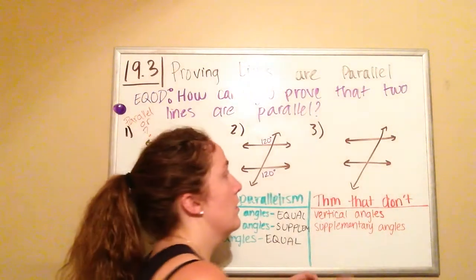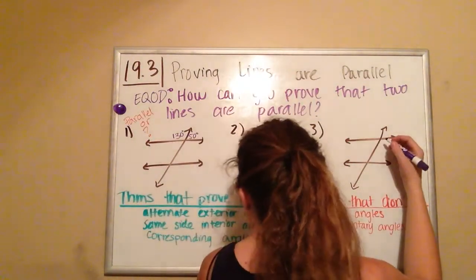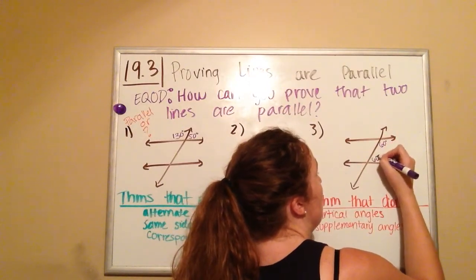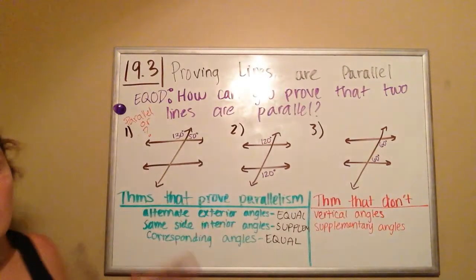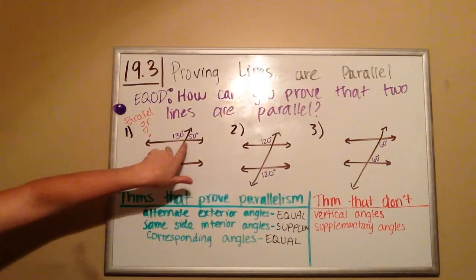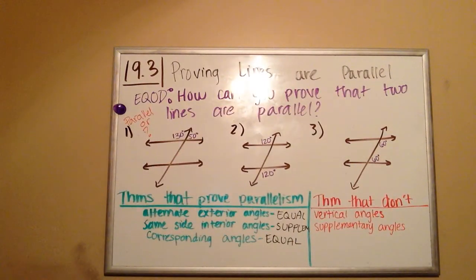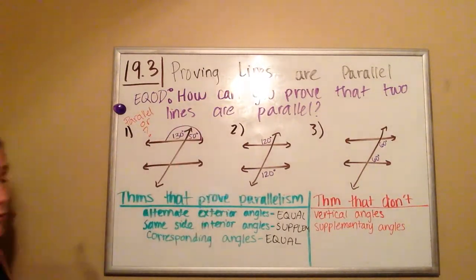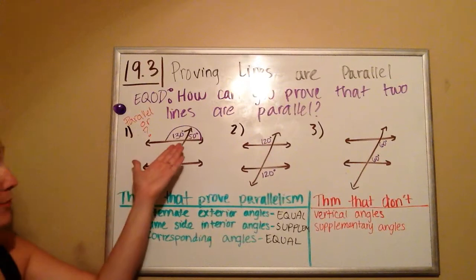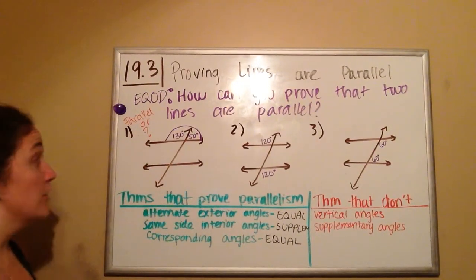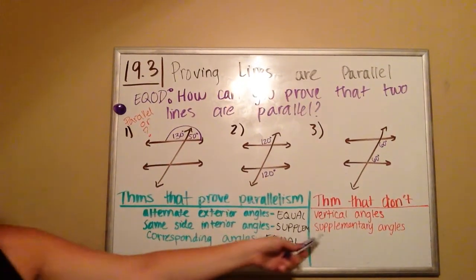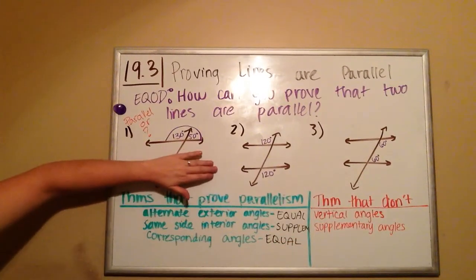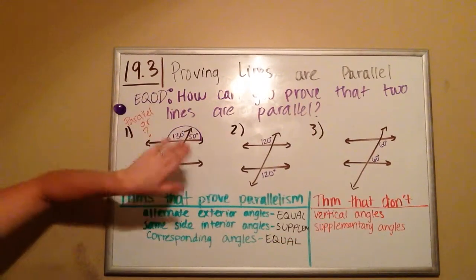For here, 60 and 60. Okay, so if we look at number 1, these 2 angles should be supplementary, right? They should add up to 180. Well, they do add up to 180, so that's good. That's looking good so far. But that's a theorem that does not prove anything. It doesn't even say anything about this line. It's just talking about the first one.